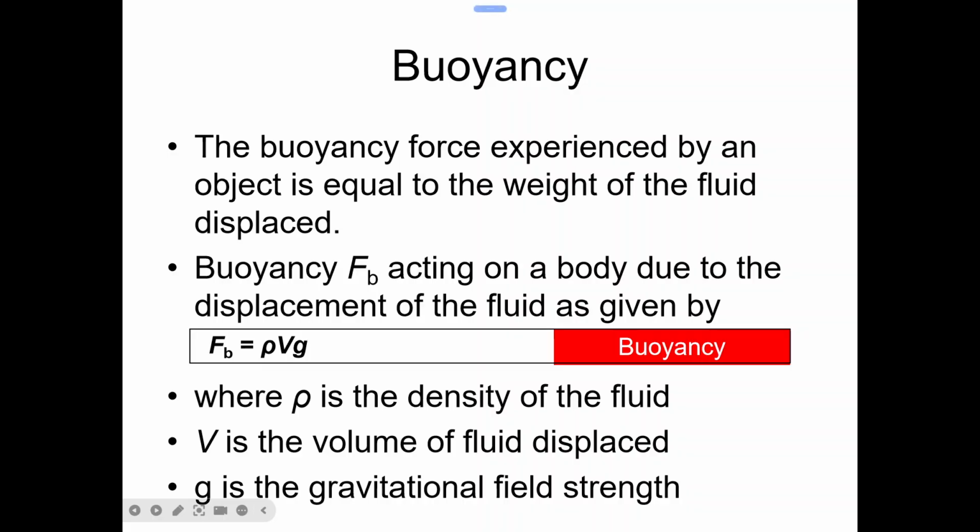What's the volume initially? Volume initially is 450 milliliters. What's the volume right now? 500 milliliters. Thank you very much.